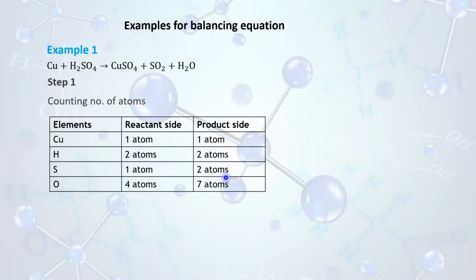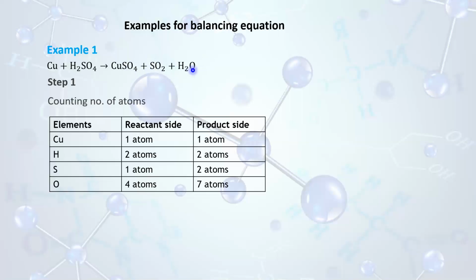2 atoms. Lastly, we have the oxygen element. On the reactant side, 4 oxygen atoms are there, so we write here 4 atoms. And move to the product side. In this term, we have 4 oxygen atoms. Here 2, so 4 plus 2, 6.